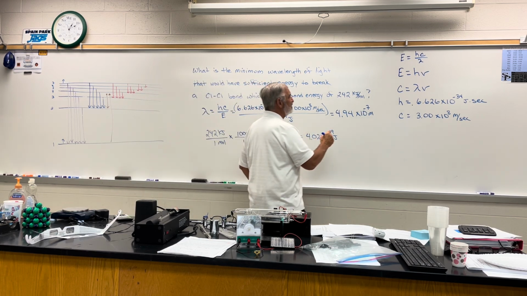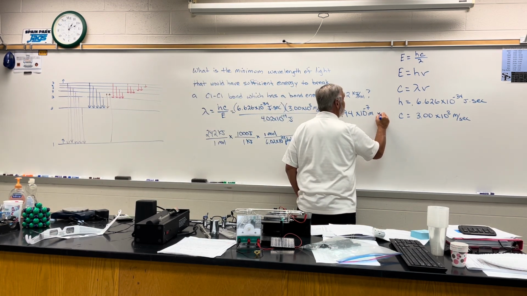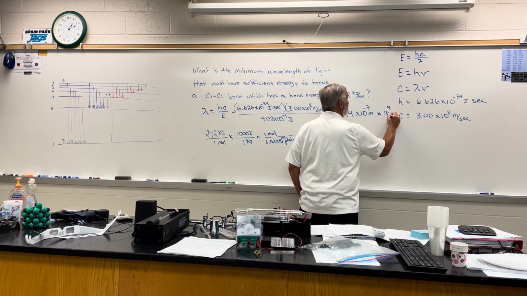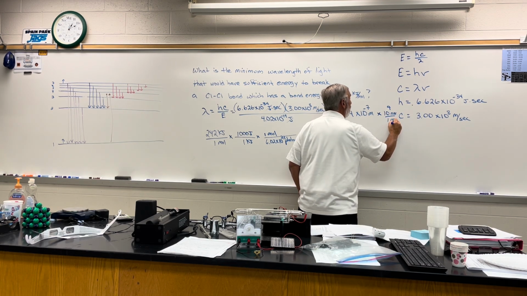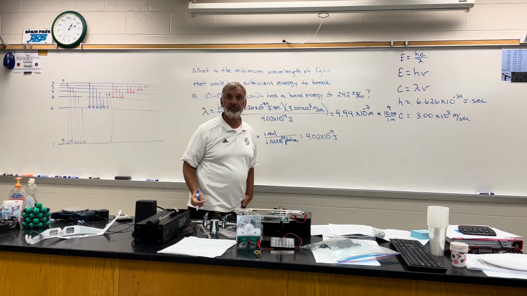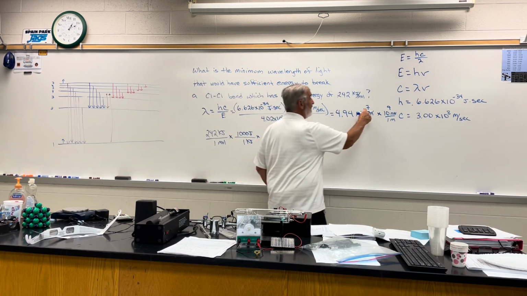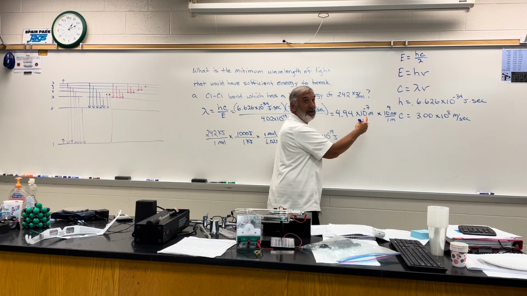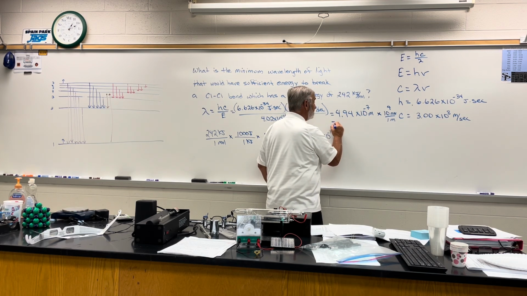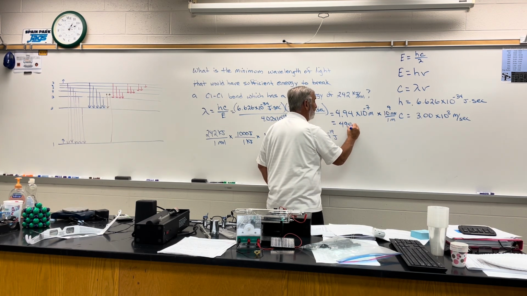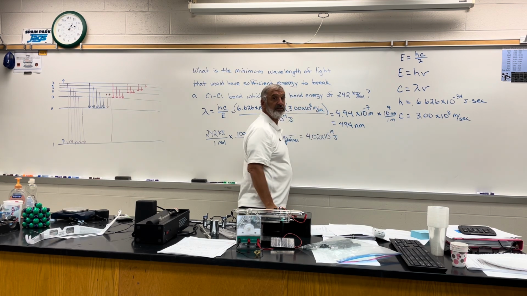So if we multiply this by 10 to the 9th nanometers over 1 meter, what do you do when you multiply exponents? You add them. So minus 7 and 9 gives times 10 to the positive 2, which really means this is going to be 494 nanometers.